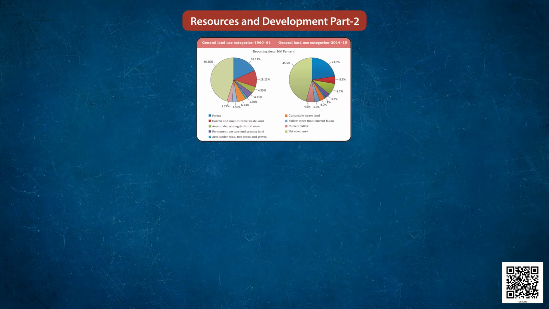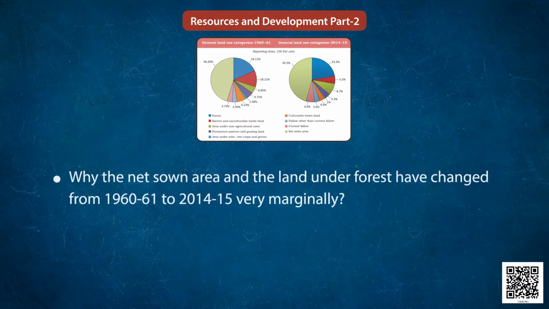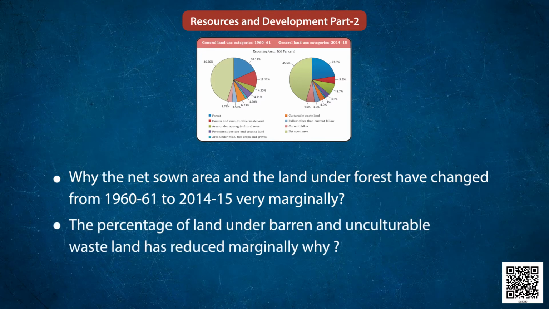Compare and find out why the net sown area and the land under forests have changed from 1960-61 to 2014-15 very marginally. The percentage of land under barren and unculturable wasteland has reduced.